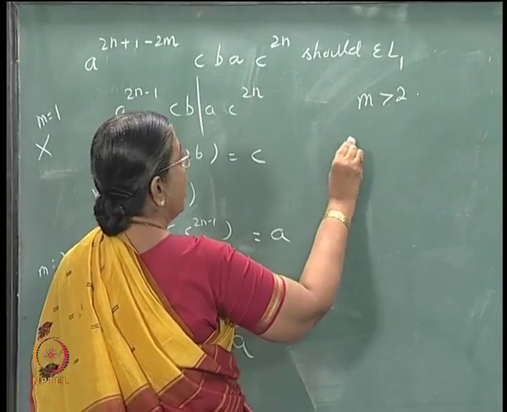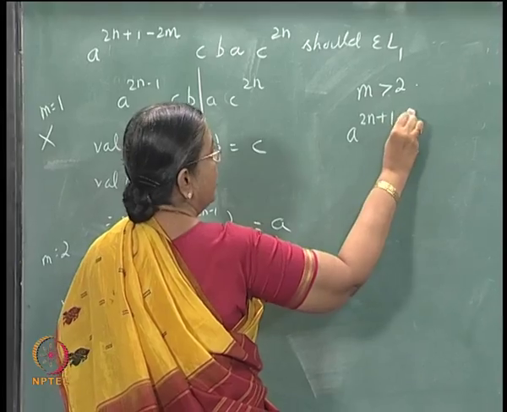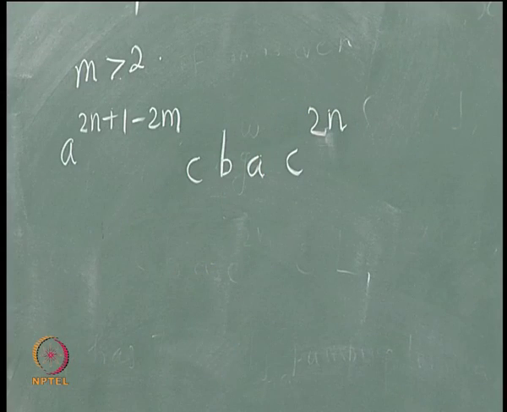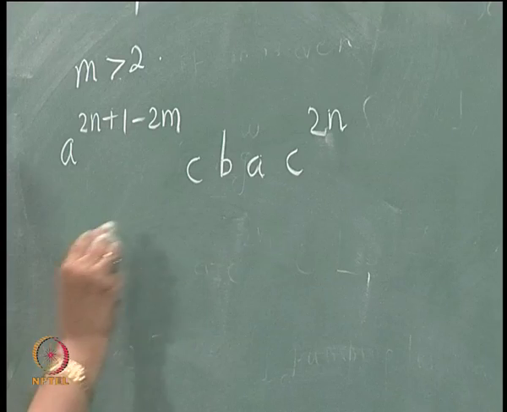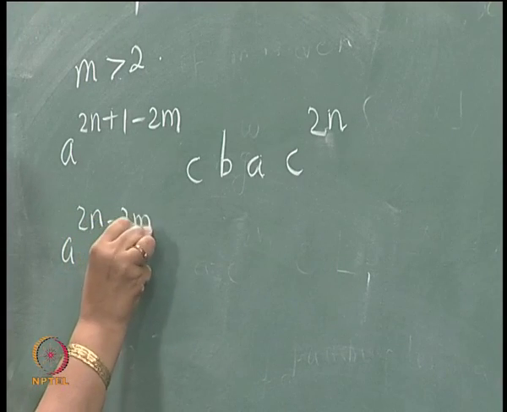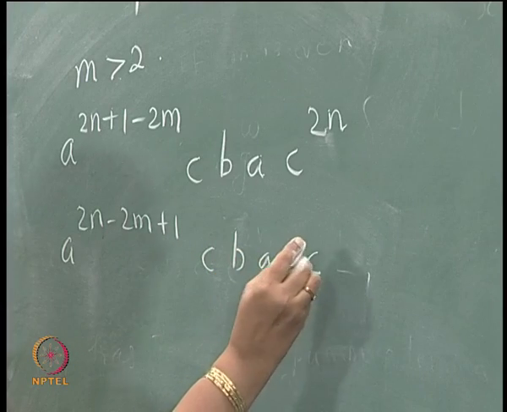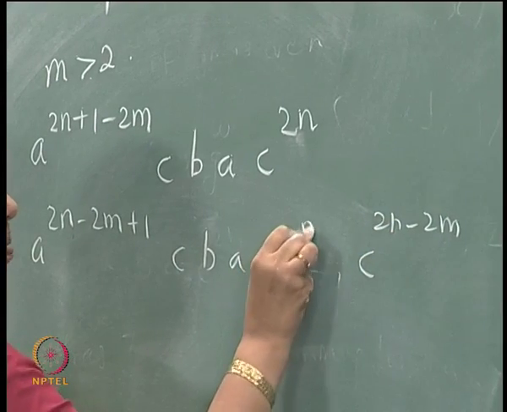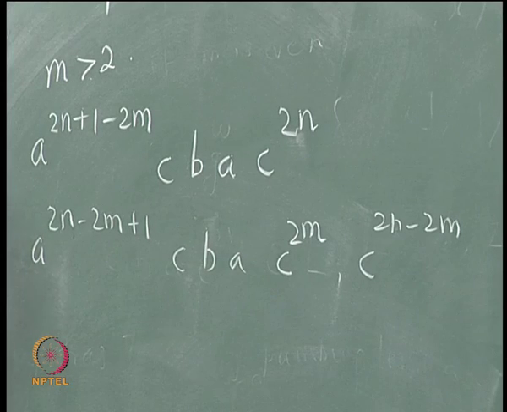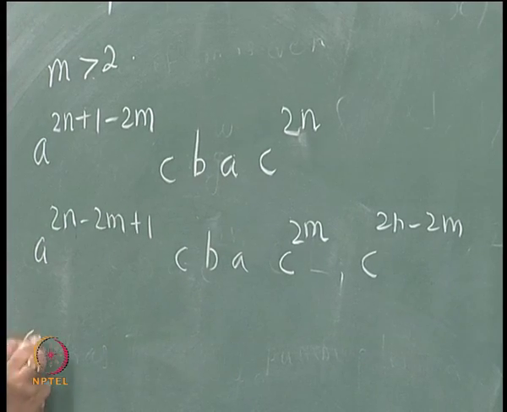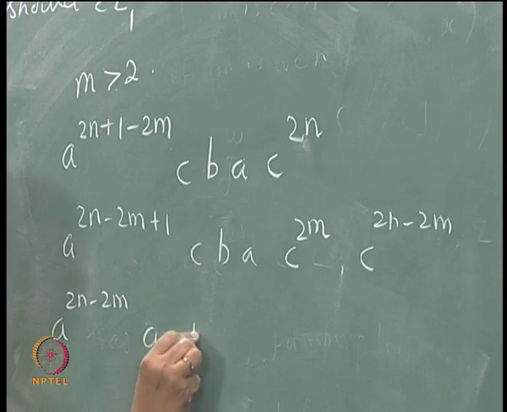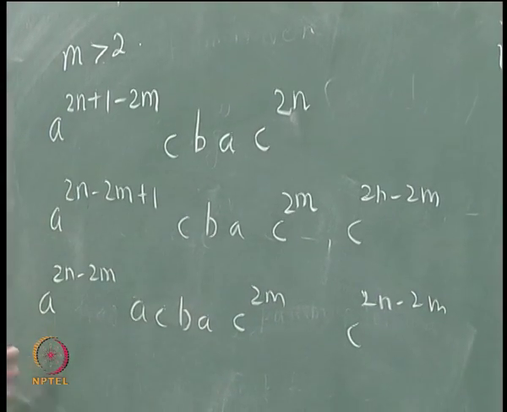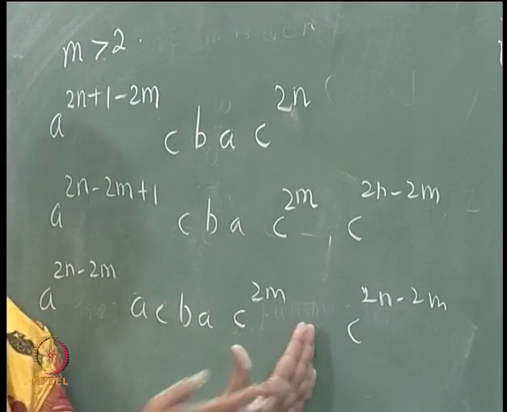In that case the string is A power 2n plus 1 minus 2m, CBA C power 2n, and this I can write as A power 2n minus 2m plus 1 C B A C power 2n minus 2m C power 2m, or I can write it as A power 2n minus 2m A C B A C power 2m C power 2n minus 2m.